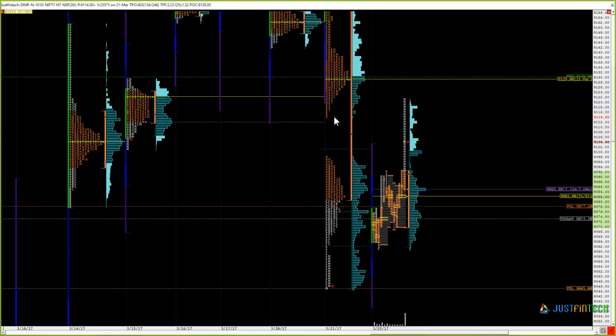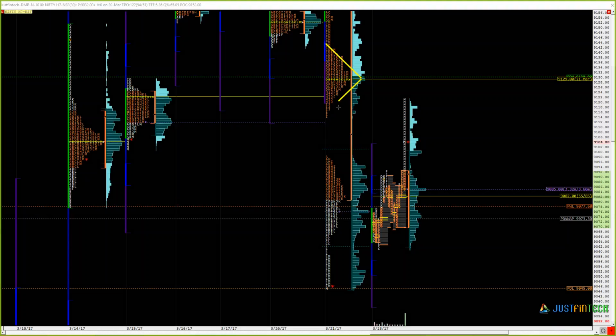So this is one distribution, and let's say the value is here, and this is another distribution where the value is here. So what happens is we try to build value lower. So this is a balance lower that is rejected.